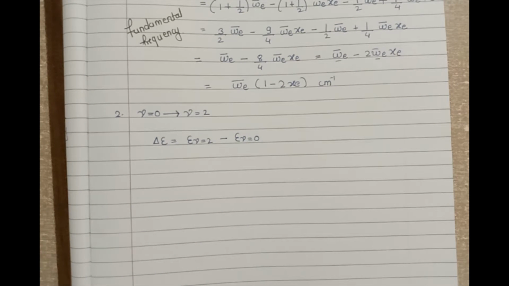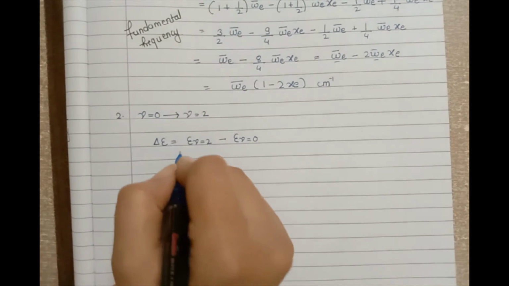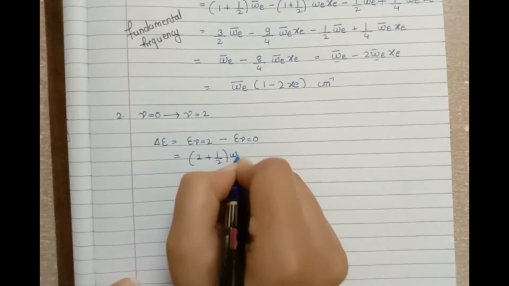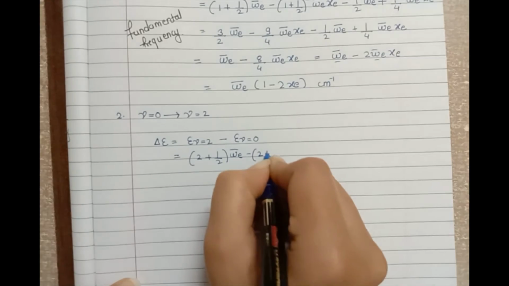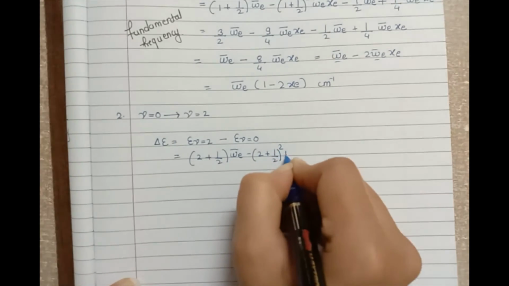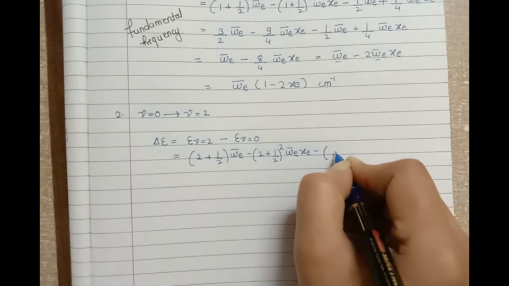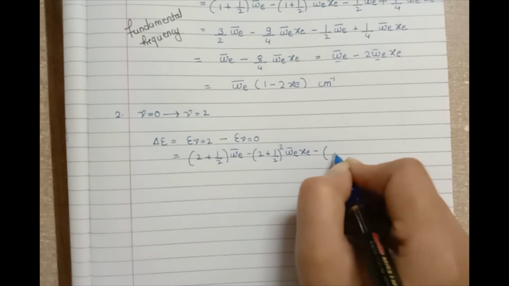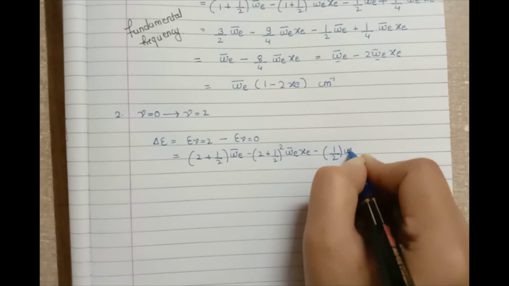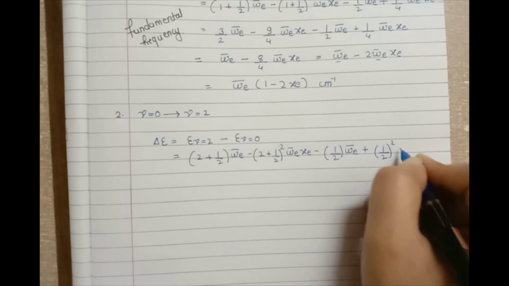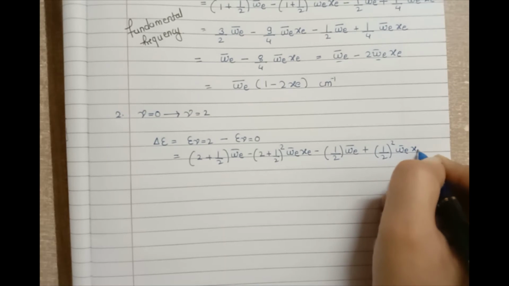Is it okay? So now putting (2 + 1/2) ω̄e minus (2 + 1/2)² ω̄e xe, minus (0 + 1/2), that is 1/2 ω̄e plus (1/2)² ω̄e xe.